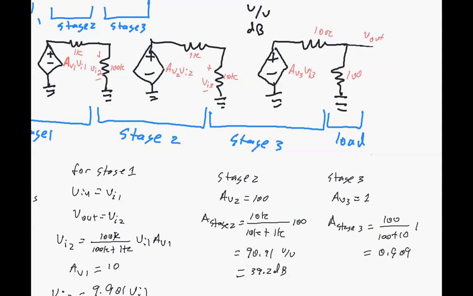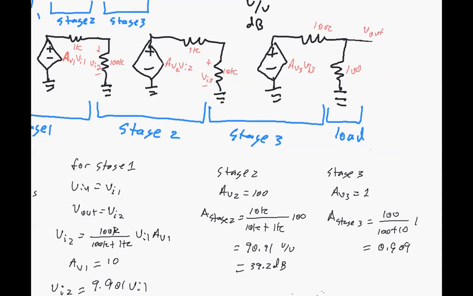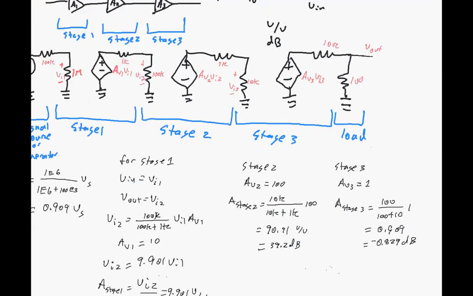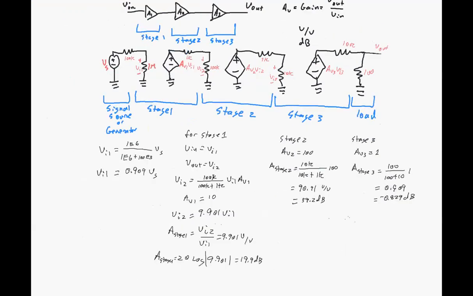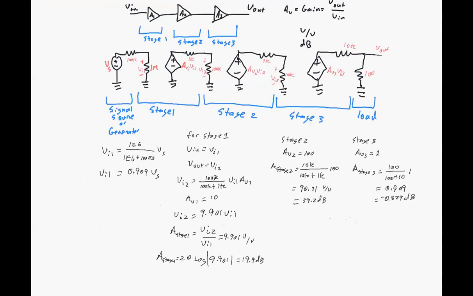And if we take 20 log of 0.909, that equals minus 0.829 dB. That's how that whole amplifier system works out.